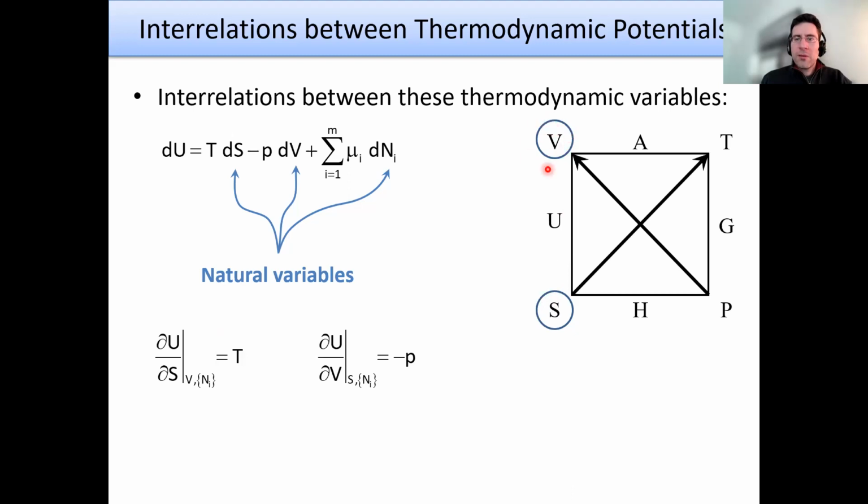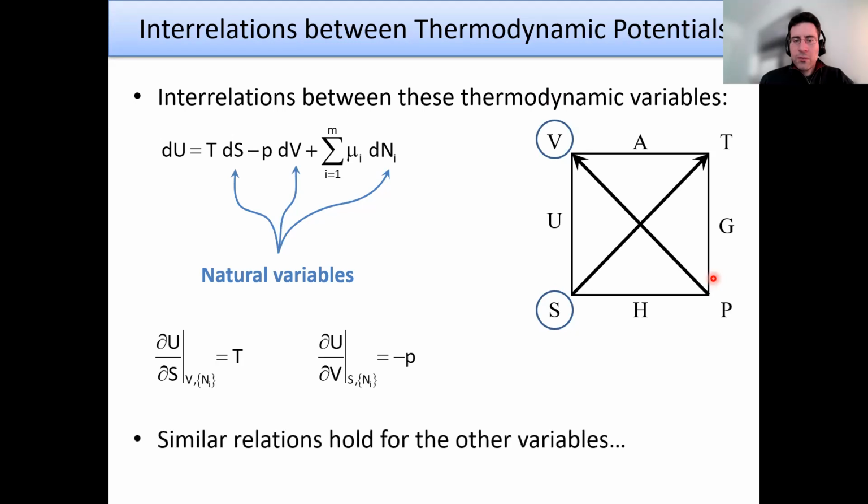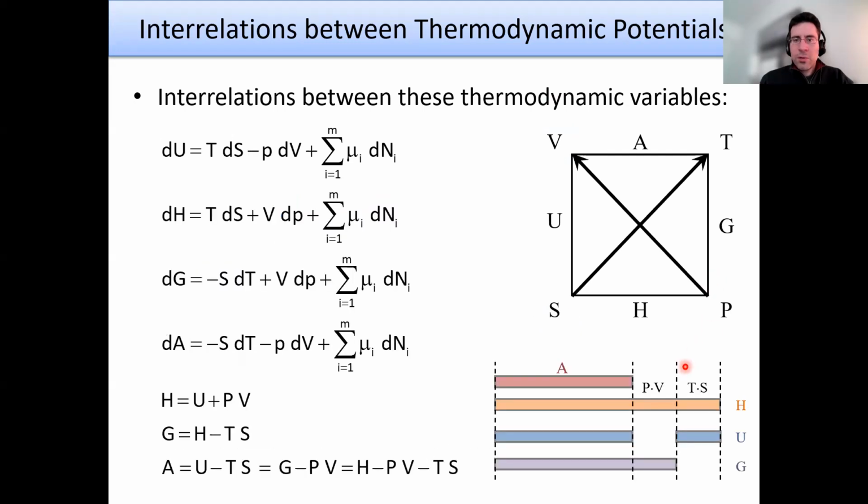Whereas if the arrow points from the derivative to the natural variable, then we need a minus sign, so dU/dV equals minus P. This is just a way to encode all these thermodynamic relations into this nice little schematic. If you understand how this works, then we can find similar relations for other thermodynamic potentials.